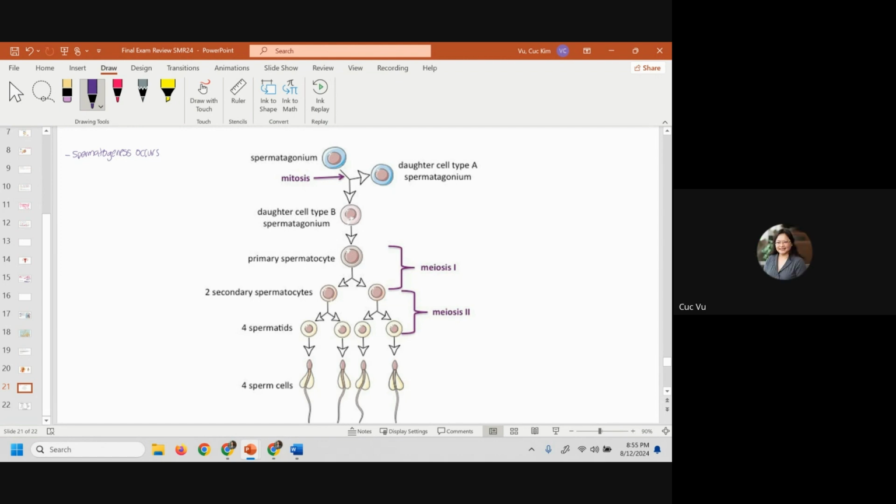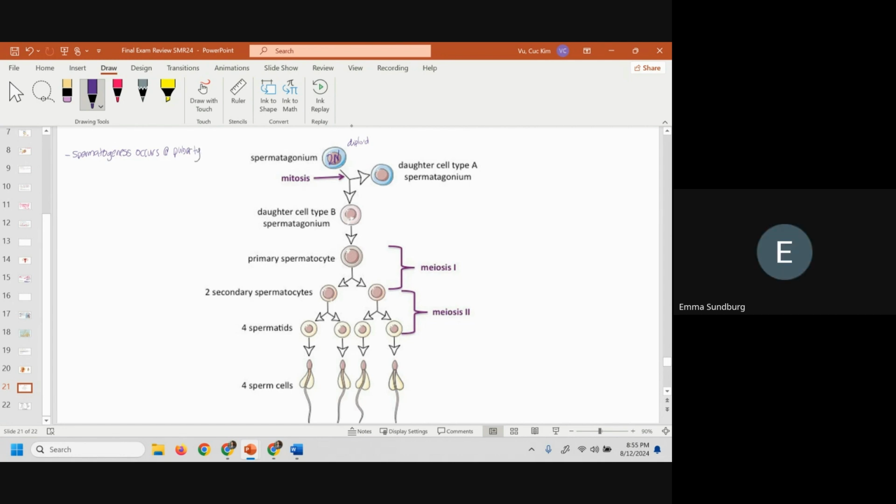Yep. Okay. So you're right. You identified what the spermatogonium consists of, 2N. Very good. It is diploid. It starts at puberty. So spermatogenesis occurs at puberty.